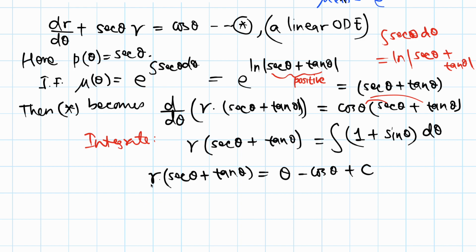Then finally we need to isolate the dependent variable, so r equals whatever that is divided by this, and there is nothing to simplify, all over secant theta plus tangent theta. Plus means this is a block, so we don't have any cancellations. Final.